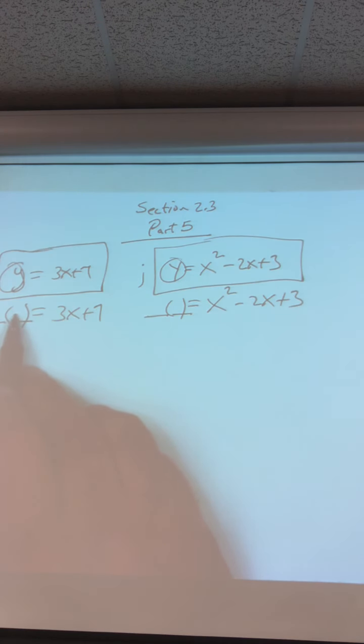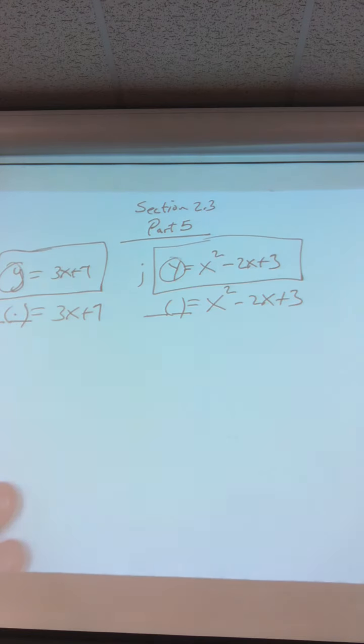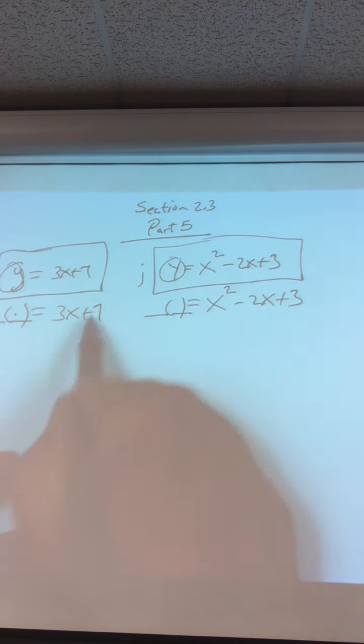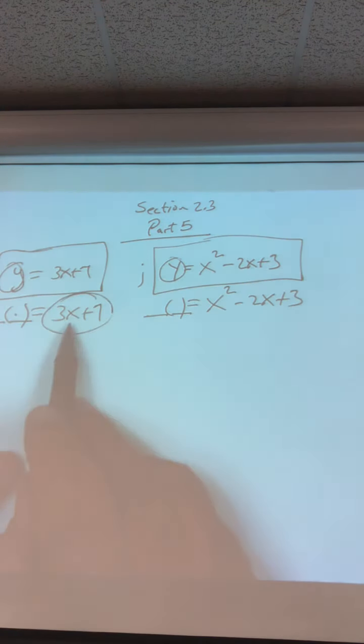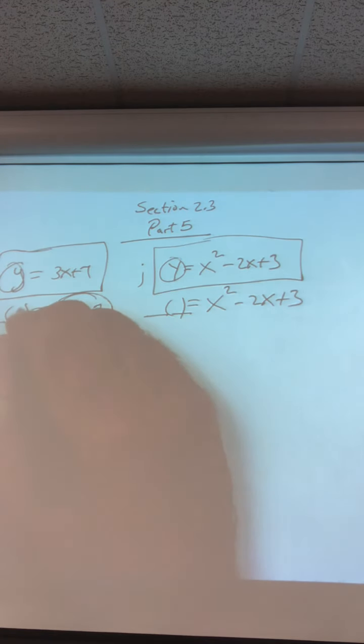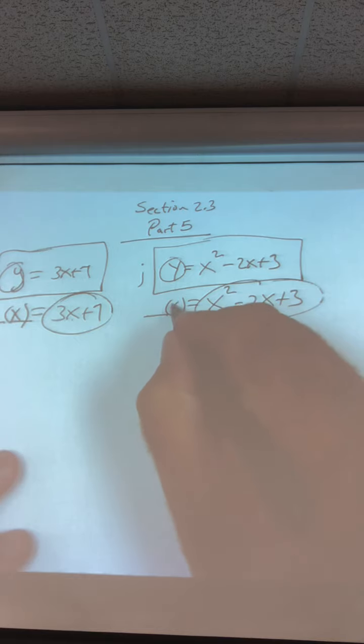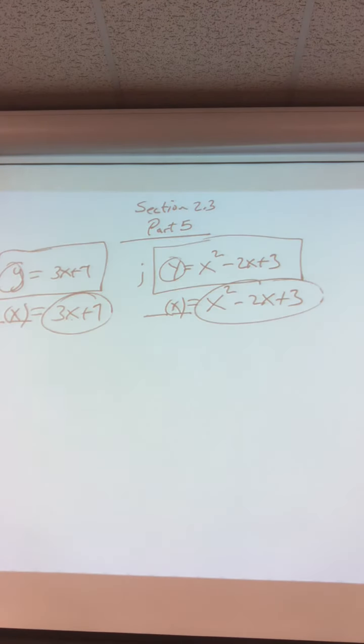The last name of the function always goes in the parentheses, and we use letters of the alphabet. The letter that you use will always be the letter that's over here. So right here you see the x, so this would be x right here. Over here, what letter do you see? x, so it'll be an x there.